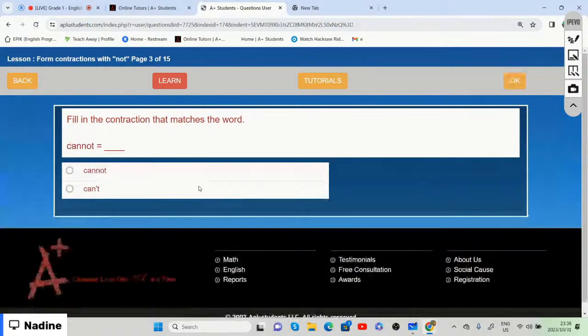Cannot. Remember we said cannot is special. We said this word is special. So we need to fill in the correct contraction that matches the word. Is it cannot or can't?